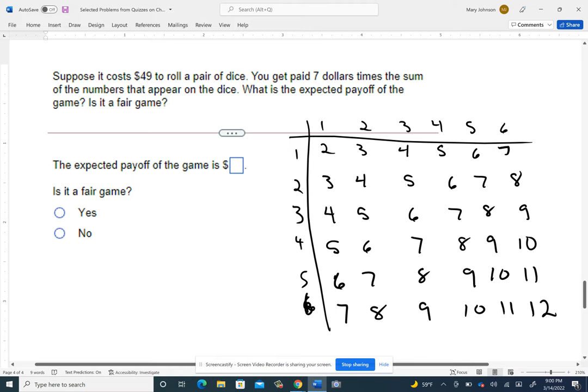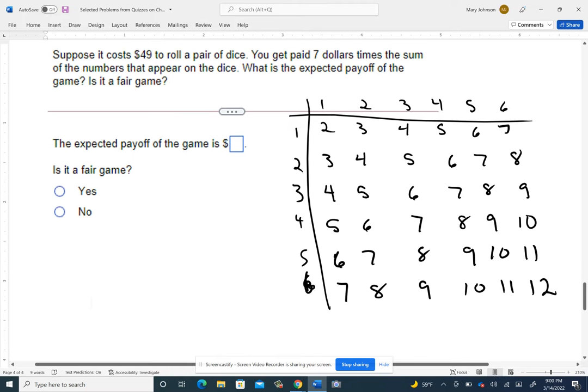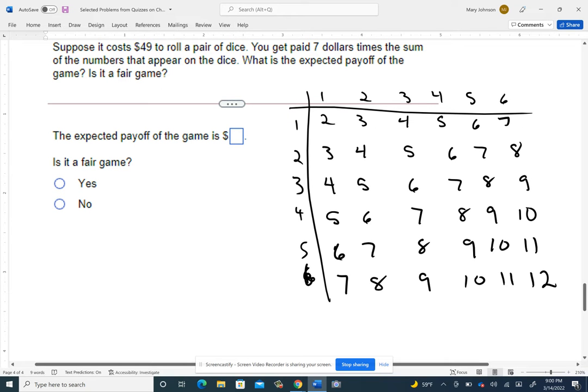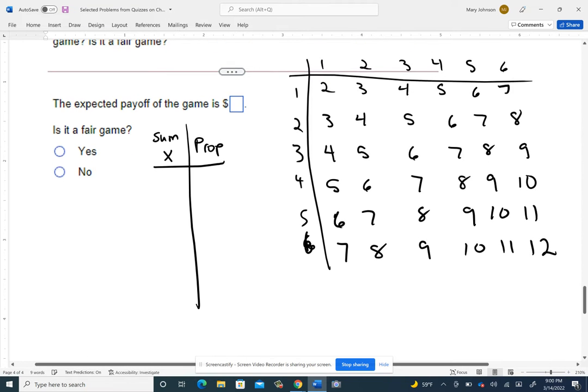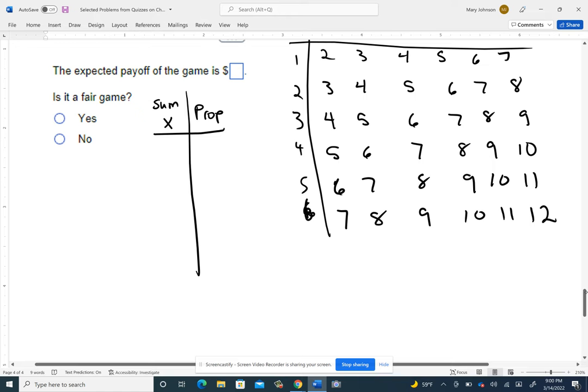All right, so now what we need to do is we need to get our probability distribution table where X is the sum, possible sums, and then we got the probability of getting that sum. So we have to think about all the possible sums, and they go all the way from 2 to 12, don't they?